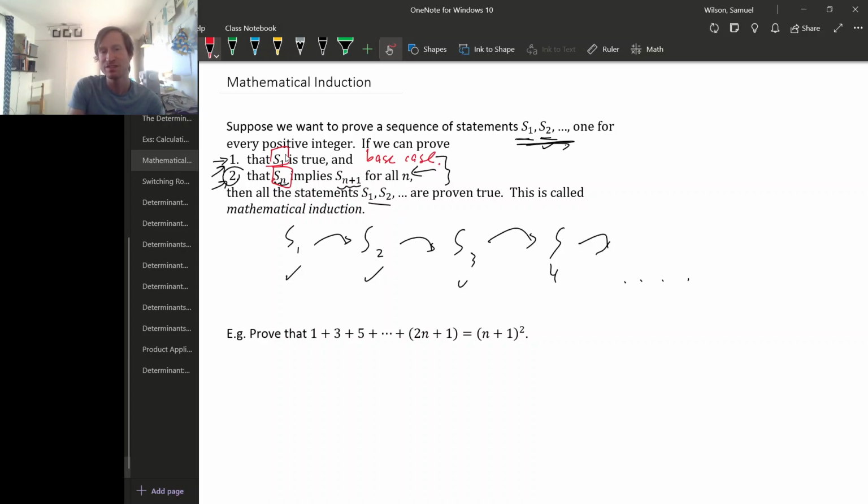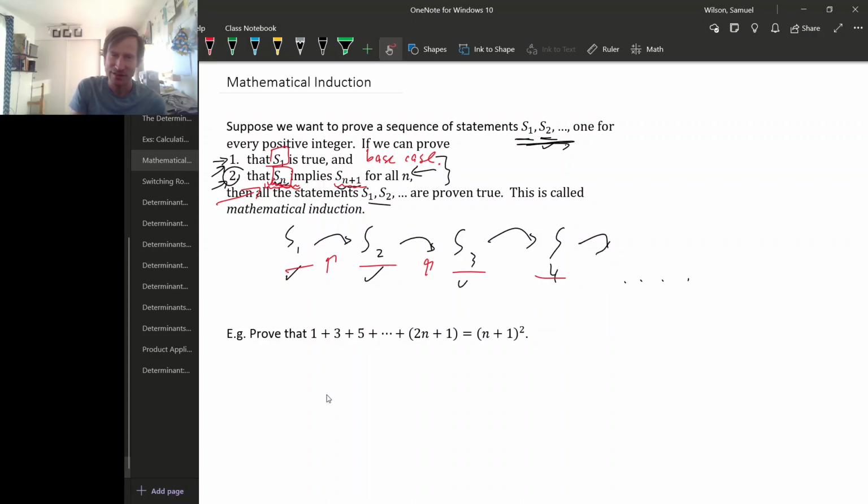But then to form these links in the chain, we get this extra assumption. We're assuming that the previous one is true, and we're going to show the next one is true. And so having this extra assumption is what makes proving these infinitely many statements a finite amount of work.